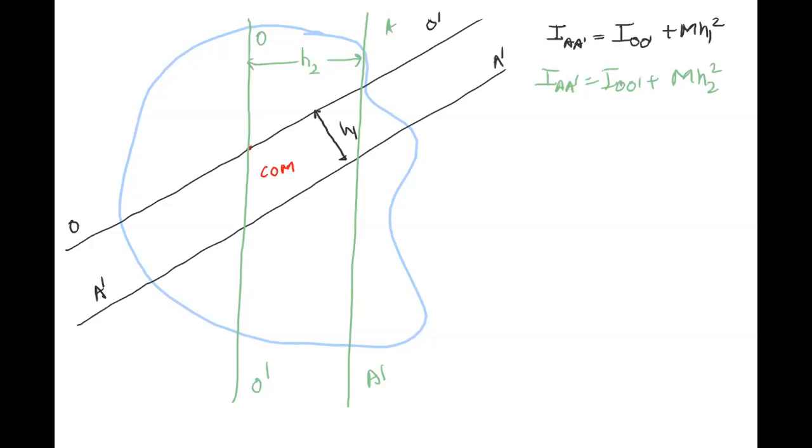So just to remind ourselves that these two or three or four or n moments of inertia are always passing through the center of mass, I will write this is equal to.